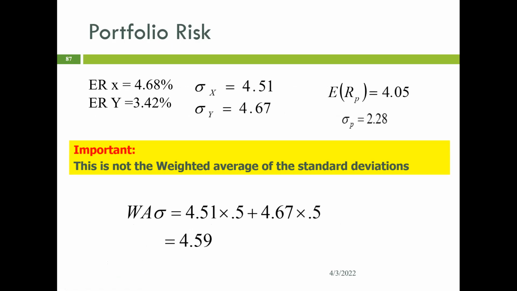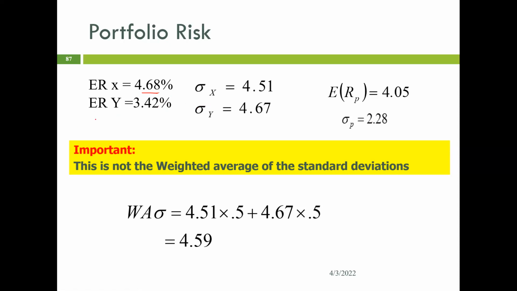So the ultimate purpose of constructing a portfolio is to minimize risk. Rather than investing in individual stocks, you are constructing a portfolio because you want to minimize risk and maximize return. You want to get maximized return at a reasonable level of risk. So now, if you invested in X only, your expected return was 4.68.